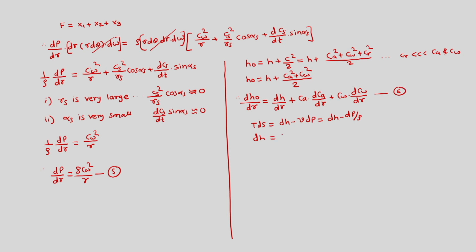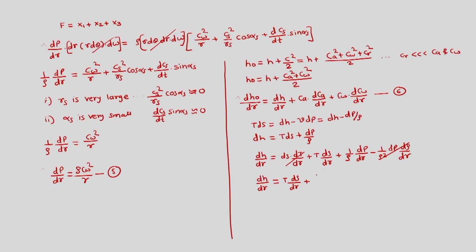So dH is equal to TdS plus dP by rho. dH by dr can be written as ds into dT by dr plus T into ds by dr plus 1 upon rho dP by dr minus 1 upon rho square into dP into d rho by dr. So we can neglect the higher order terms, and then this term and this term would get cancelled, and we will have dH by dr is equal to T into ds by dr plus 1 upon rho dP by dr.